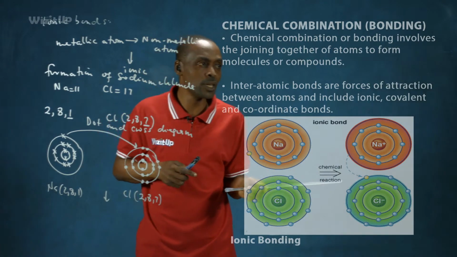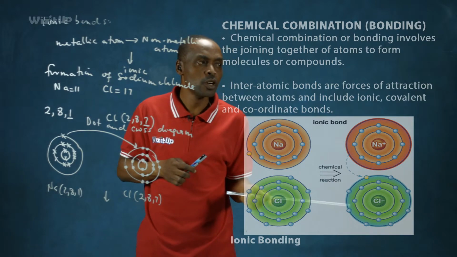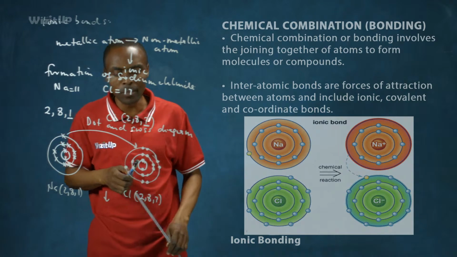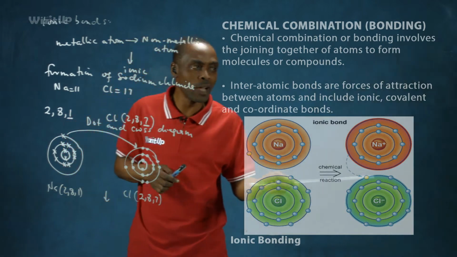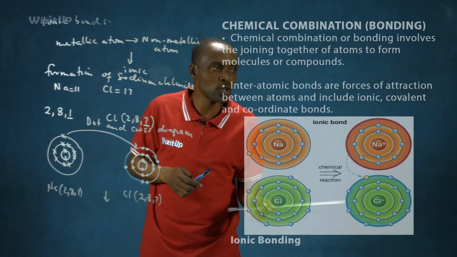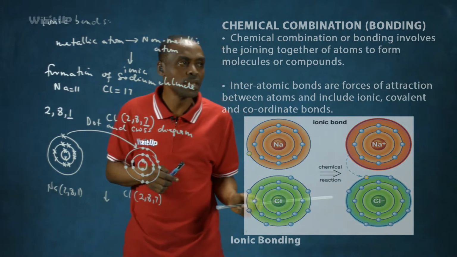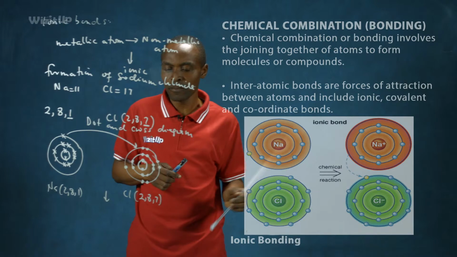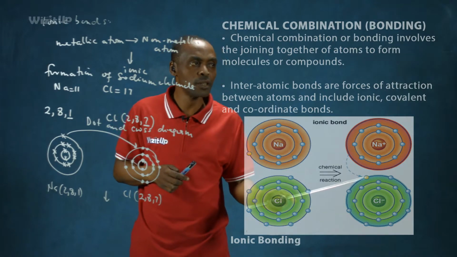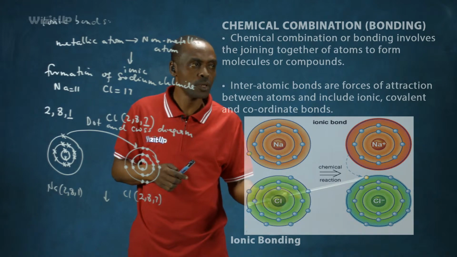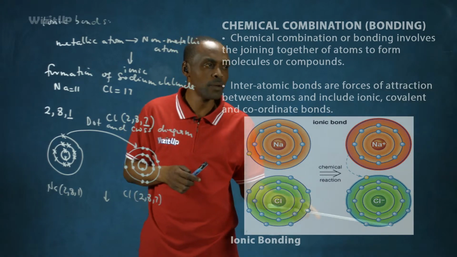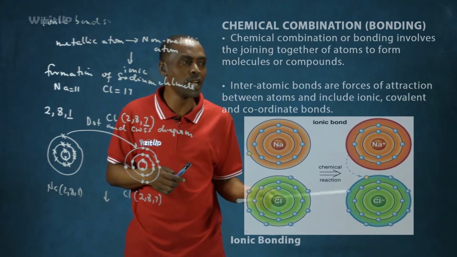In the case of the chlorine atom and chloride ion, the chlorine atom forms a chloride ion by accepting 1 electron from the sodium atom. In that case, it has 8 electrons around it: 1, 2, 3, 4, 5, 6, 7, 8.